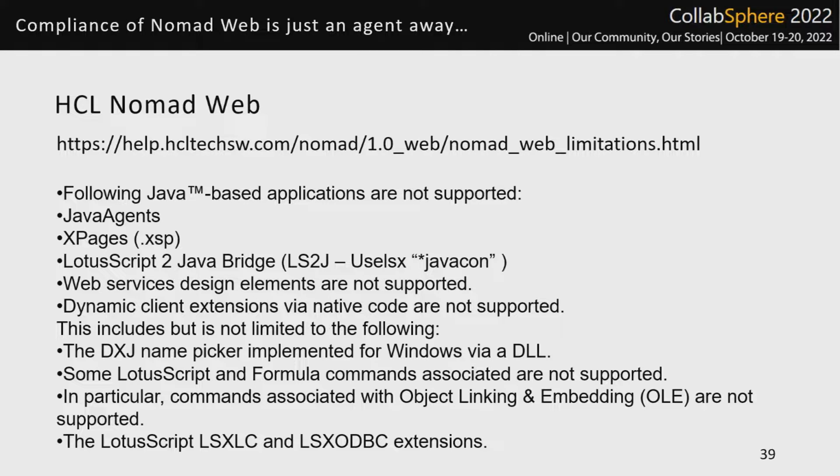HCL Nomad Web doesn't like Java agents, XPages, and web services, for example. So we are in a condition to know if the database will be compliant to be used and visualized in a browser using Nomad Web. This is work in progress, and we will be able to fill this view soon.